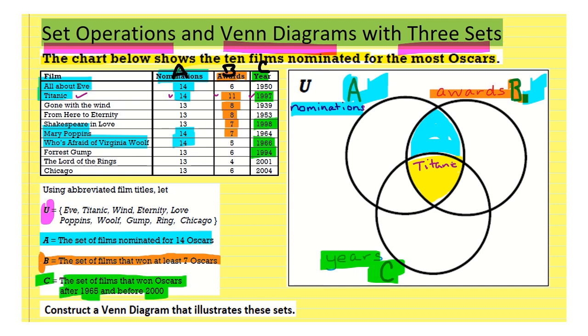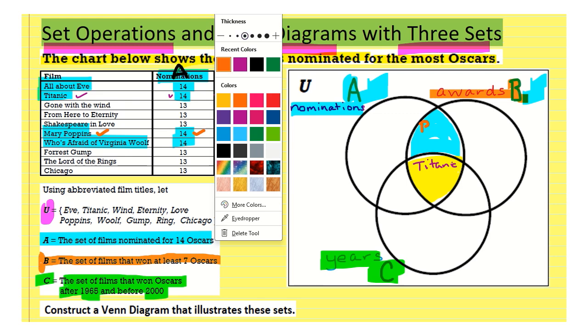So I'm looking for A and B. I have A, nope, nope, nope. Okay, here is A and B. Mary Poppins is the only one that is in both the A column and the B column. So Mary Poppins is going to go in this area here.